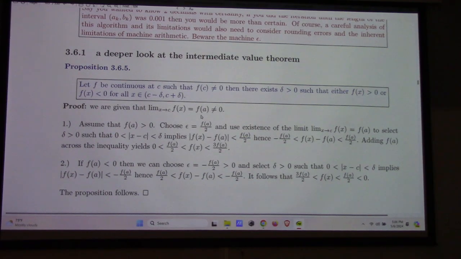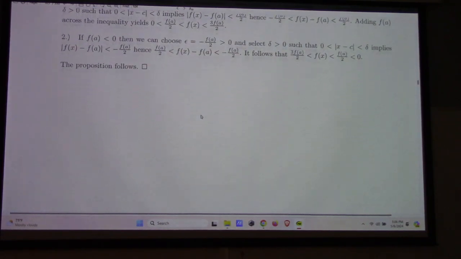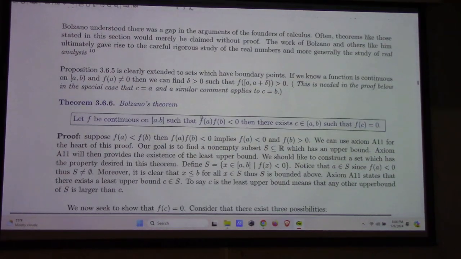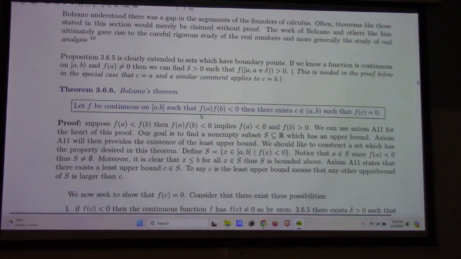But the truth of the matter is, if I forced this issue with Calculus 1 as the students are currently coming to me, it would be very bad because they're not ready for this kind of question, unfortunately. But you guys are. So that might be a question on your final, to prove that proposition.